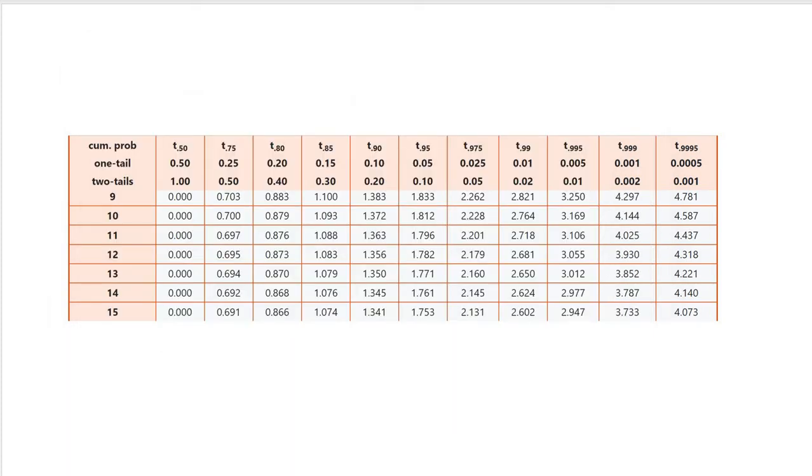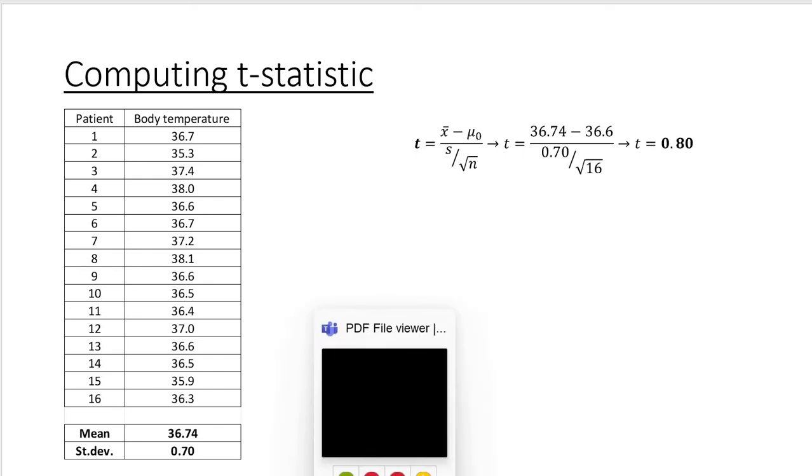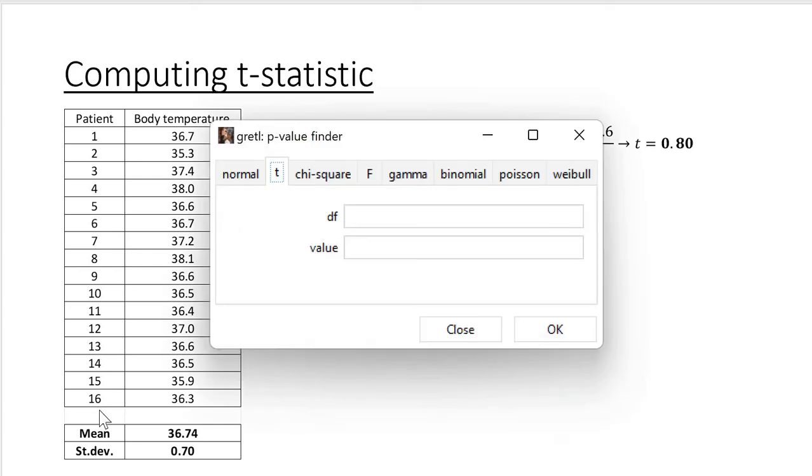So we can go back to one of the problems we discussed. So in the previous video, we tried to assess whether body temperature in the sample is different from the normal one, and the corresponding t-statistic was 0.8. So here we've got 16 minus 1, 15 degrees of freedom, and the value is 0.8.